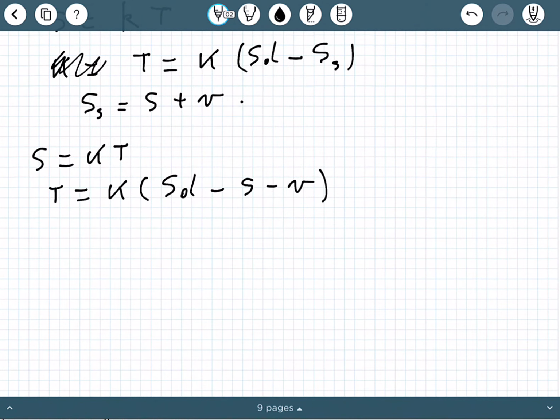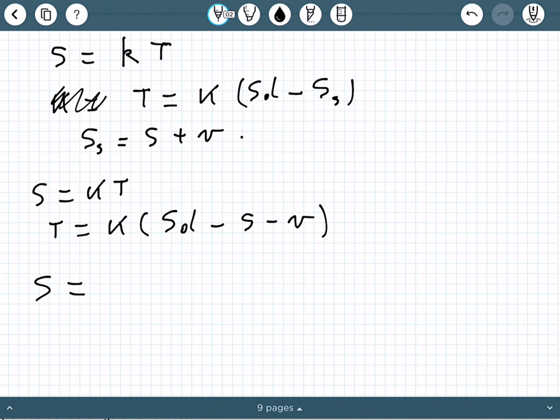Eliminating T from the equation gives us S is equal to, oh, I made a small mistake here. This is not a big K, this is a small k.